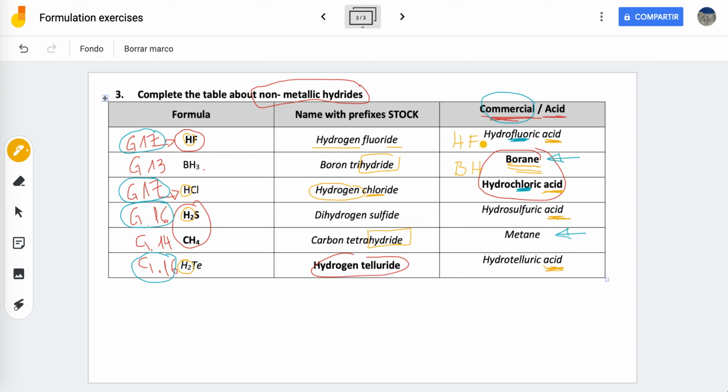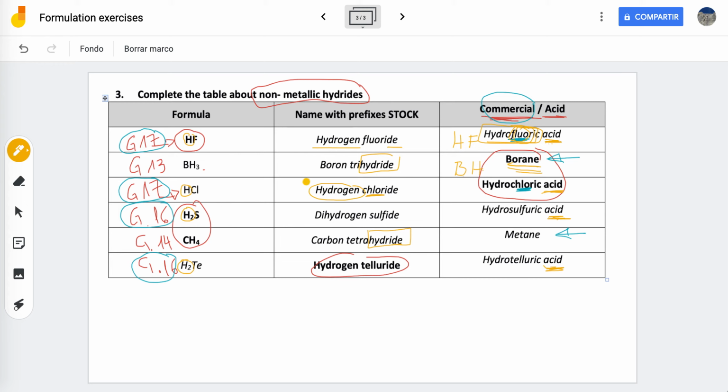So when we get this example, this name, I will know that the first element I have to write is hydrogen, and then fluorine. Good. Hydrofluoric acid; in this case, boron and then hydrogen.